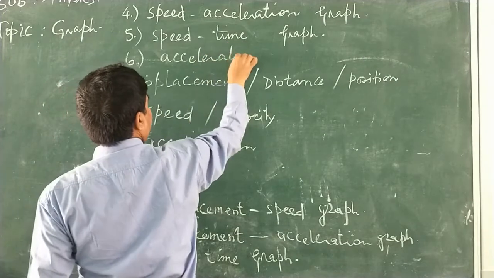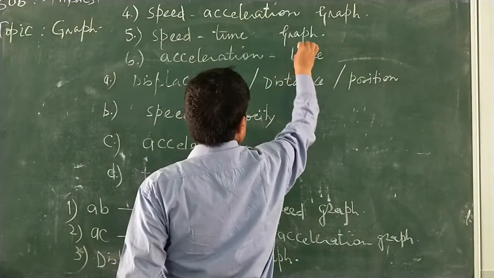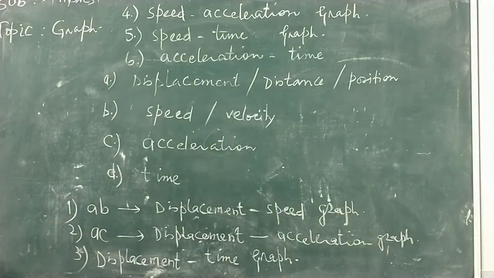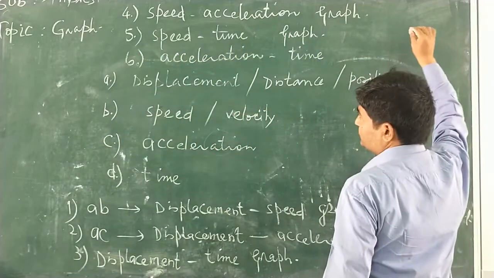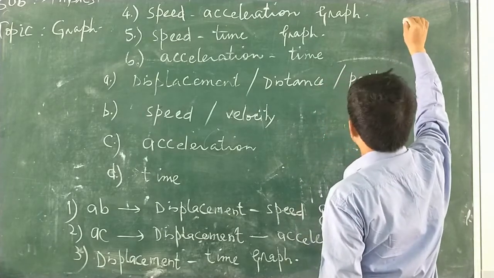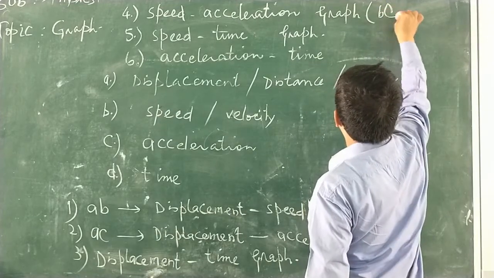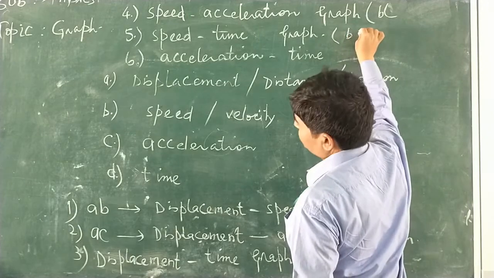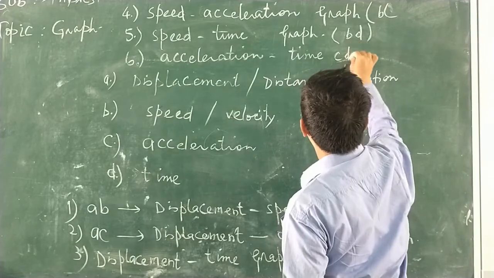There are 6 types of graph: displacement speed graph, displacement acceleration graph, displacement time graph. 4 number, BC. 5 number, BD. 6 number, CD.